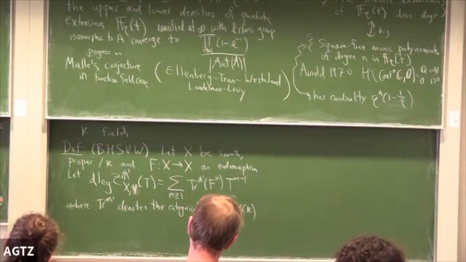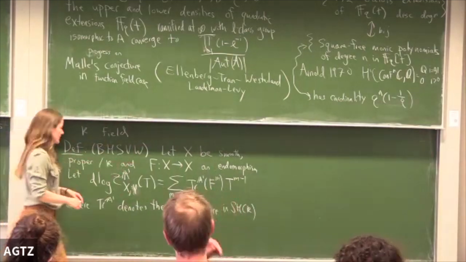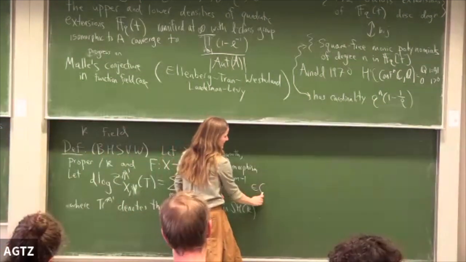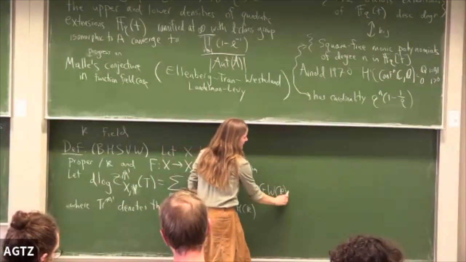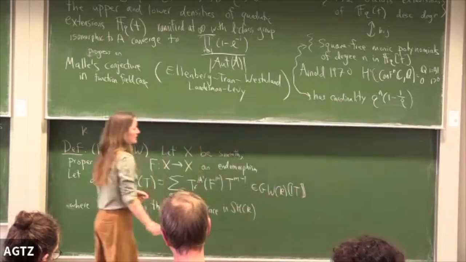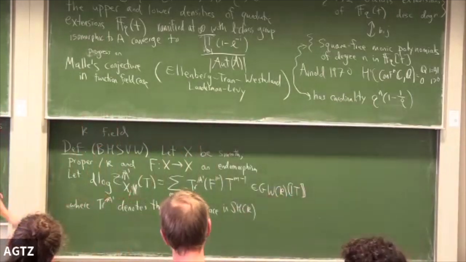So where this lives then is in endomorphisms of the unit. So this then lies in power series with coefficients in the Grothendieck-Witt group of K.